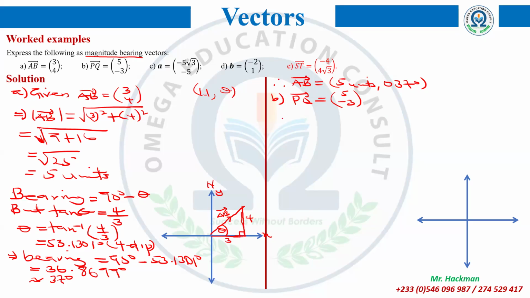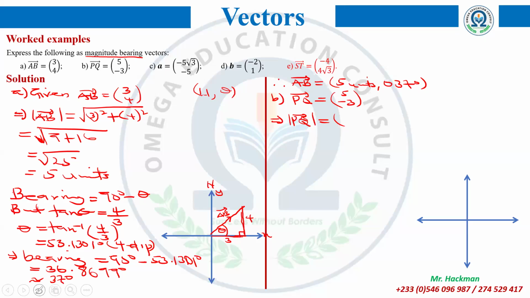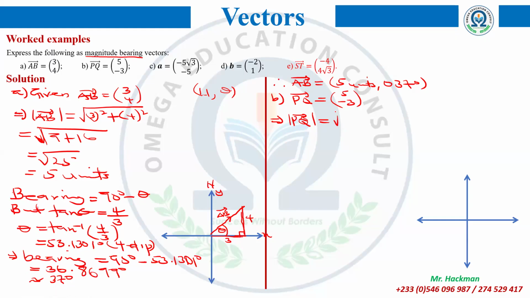So we know this implies that the magnitude of this vector PQ will be equal to, oops, what did I do? You are finding the magnitude, which we are experts at.